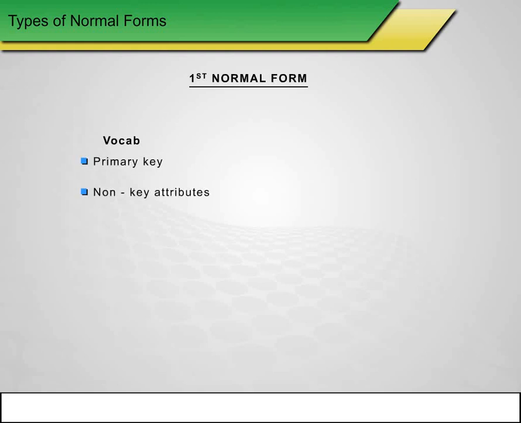Types of normal forms. First normal form, vocab: primary key, non-key attributes, determinant, dependent.